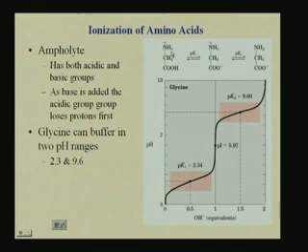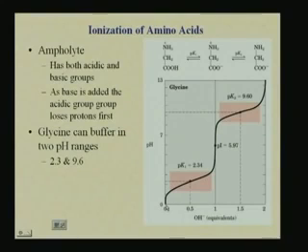Now, what am I doing? I am abstracting H plus. How? By adding OH minus. So, if I add OH minus, I abstract protons. So, there is a dissociation immediately. Okay? As soon as I hit upon this pH, what happens? What do I have at this pH from the previous slide?